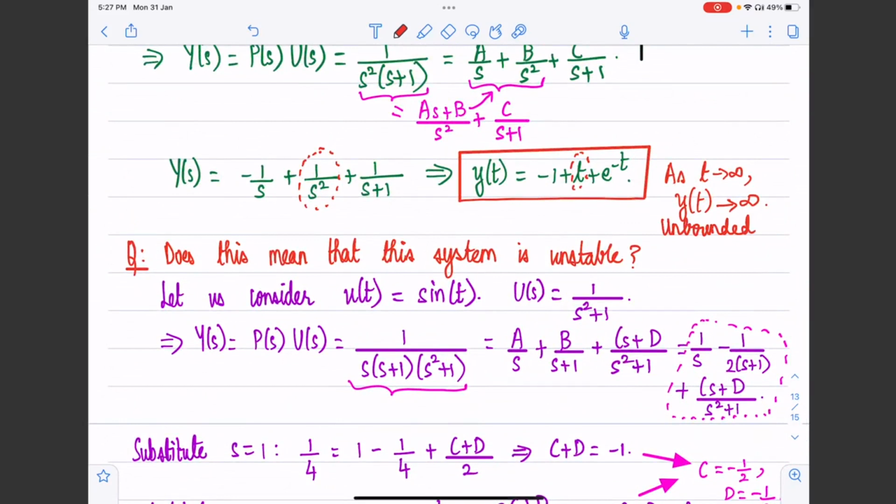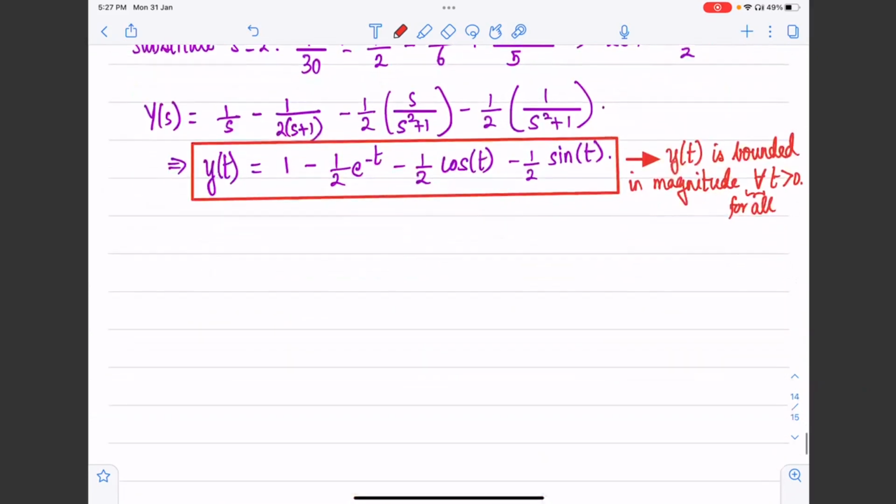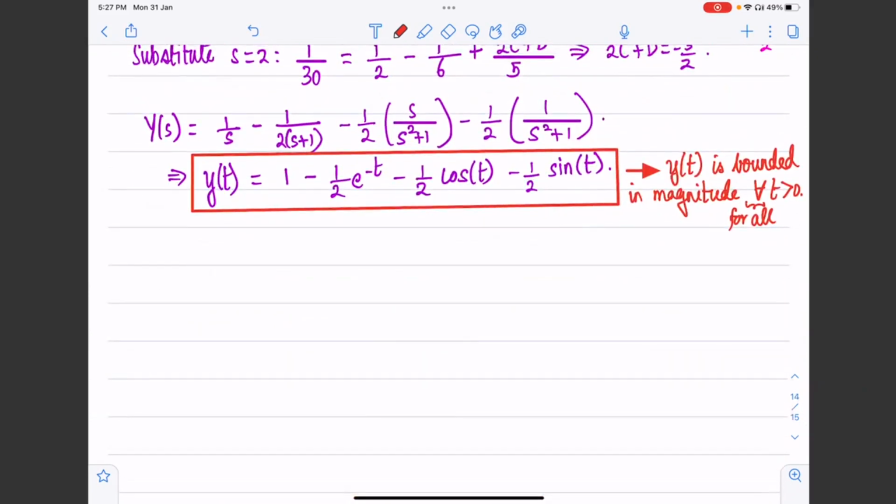This sounds very puzzling, because we have a pole at the origin on the imaginary axis, and we give a step input which is bounded in magnitude, but the output is unbounded. On the other hand, we give a sinusoidal input, which is also a bounded input, but then the output is bounded. So one wonders what one can conclude from it.